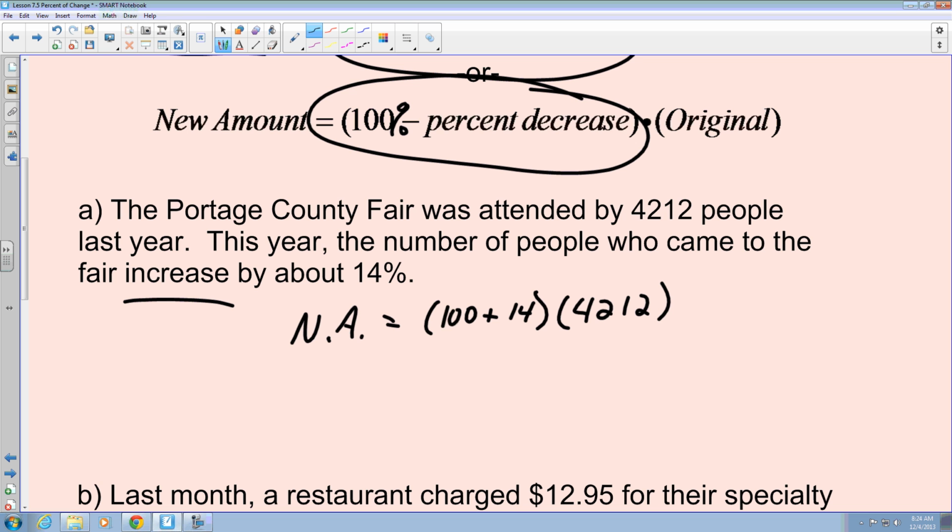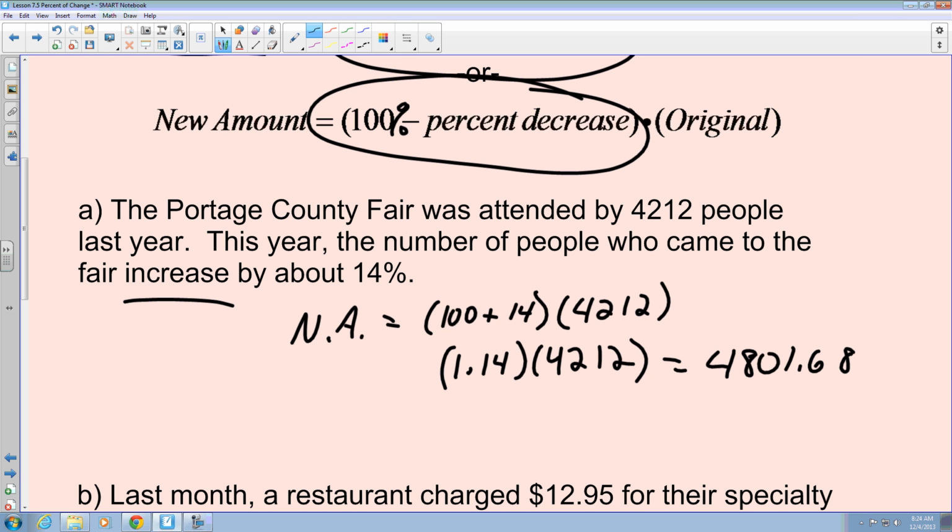So 114% as a decimal is actually 1.14. And so then that gets multiplied by 4212. 1.14 multiplied by 4212 gives me a value of 4801.68, but you can't have 0.68 of a person, so I'm going to round up to 4802 people attended.